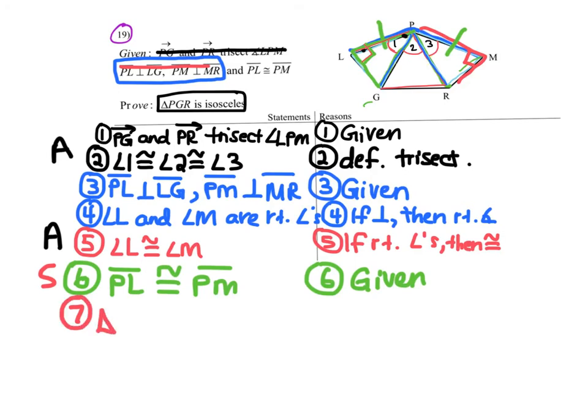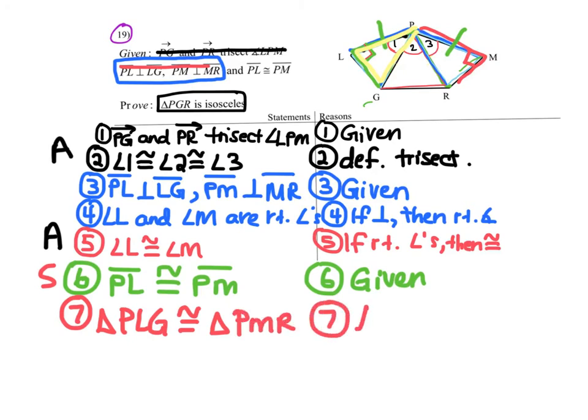Triangle PLG is congruent to triangle PMR by angle, side, angle, steps 2, 5, and 6. All right, not quite there. It's kind of hard to see, so I'm going to switch up that color. Number 8 is that PG is congruent to PR.